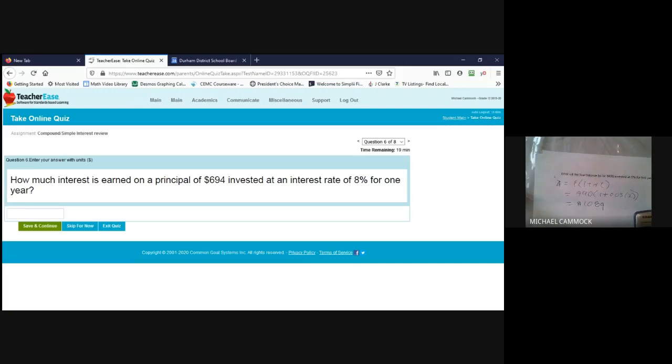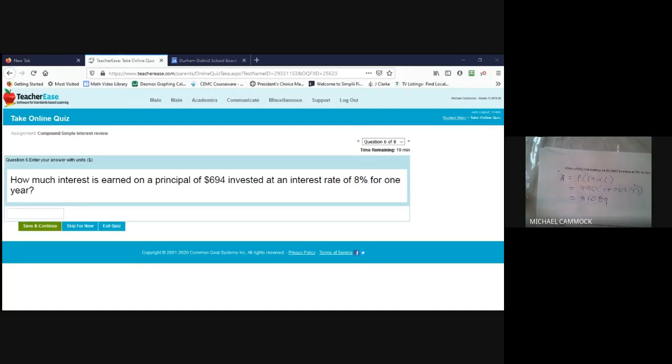Interest. Yeah, just interest only. It says how much interest. So we're not asking how much money is going to be in your account. They're just saying how much of what you have in your account is interest. And that's just your regular old P times R times T equation that we learned initially.